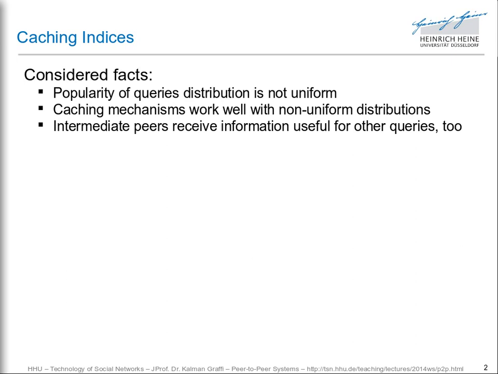We consider the fact that the popularity of queries, the distribution of the queries, is not uniform, and caching mechanisms work well with non-uniform distributions. And the intermediate peers, which participate in the routing, receive information useful for other queries too.